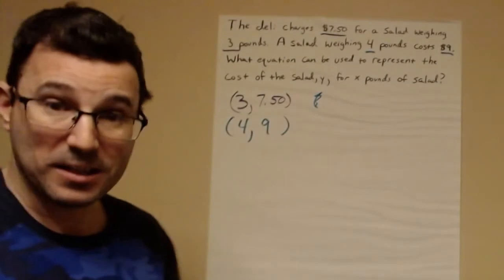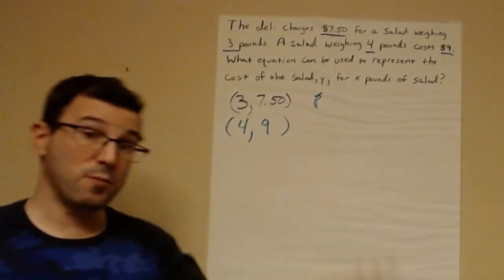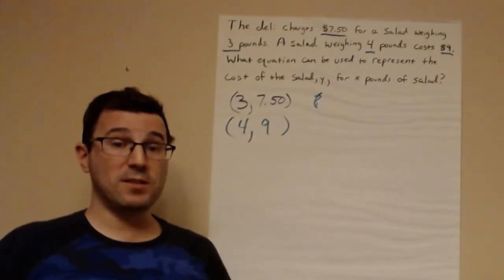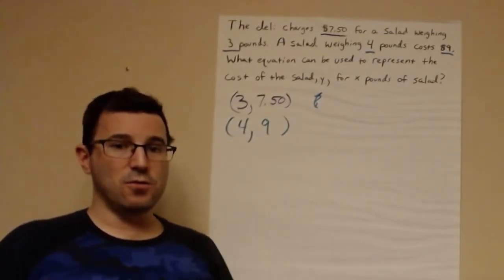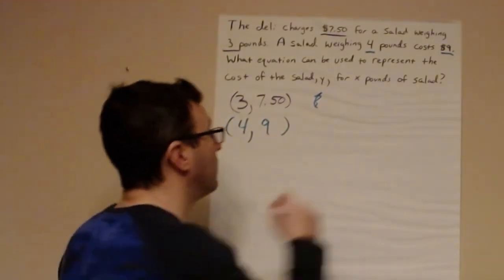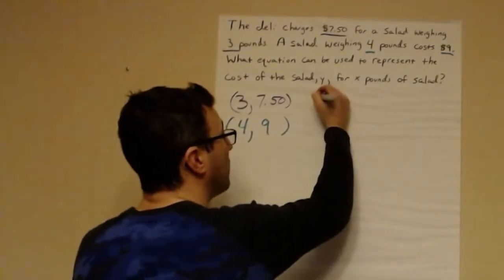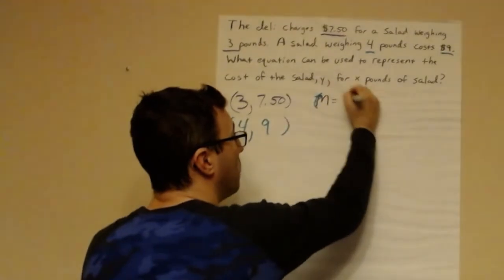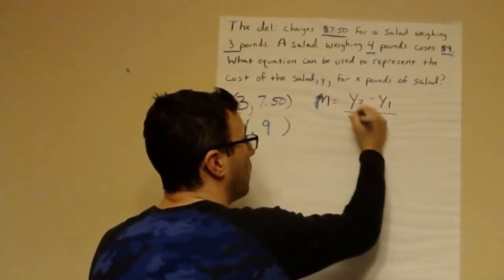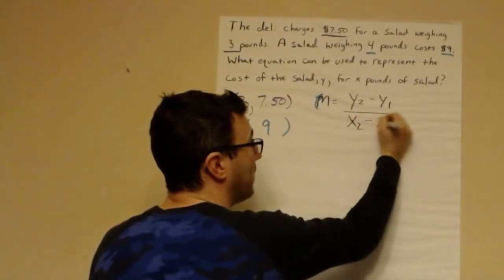Now I did it like this because if you remember from my previous video when we were writing equations, when we're given 2 points, I need to use the slope formula. Okay, so we got m equals y2 minus y1 over x2 minus x1.